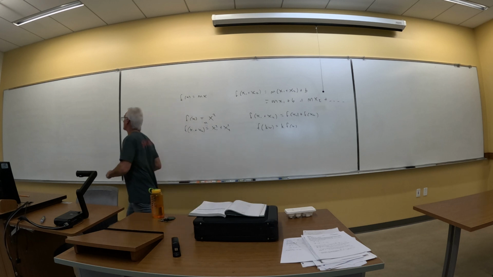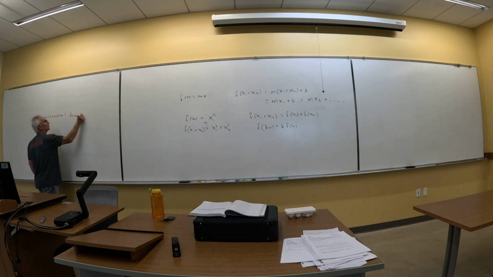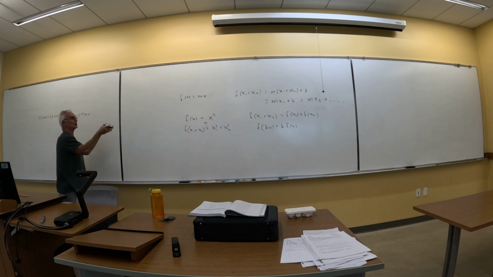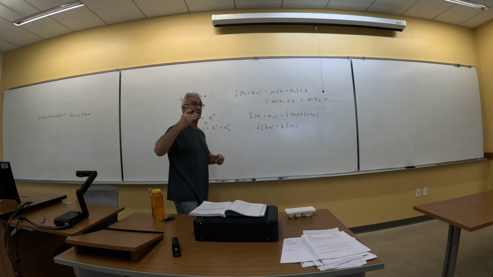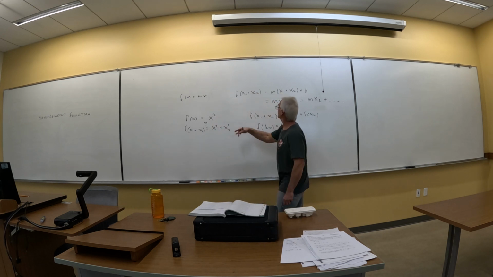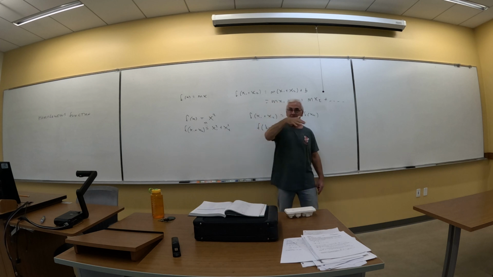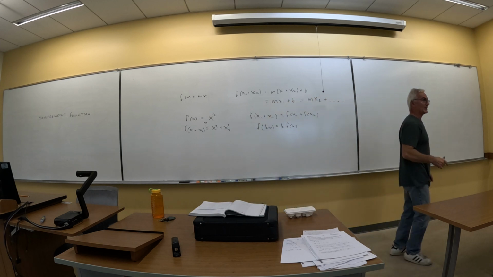Now we're going to talk about something called a homogeneous function. It's nothing to do with that, but it also has some very strict rules of what makes it a homogeneous function. A function is a linear transformation if and only if f of the sum is the sum of the things, and the scalar multiple rule holds.